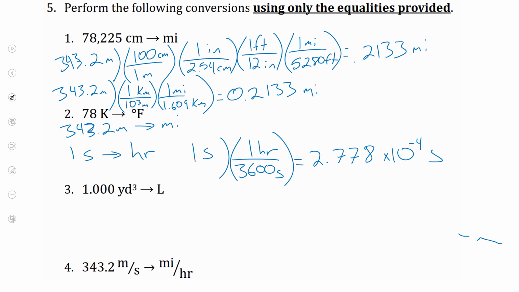And then we're just going to take 0.2133, divide by this number, and I get 767.88. Which we're going to then round to 4 sig figs, because we had 4 sig figs where we started.